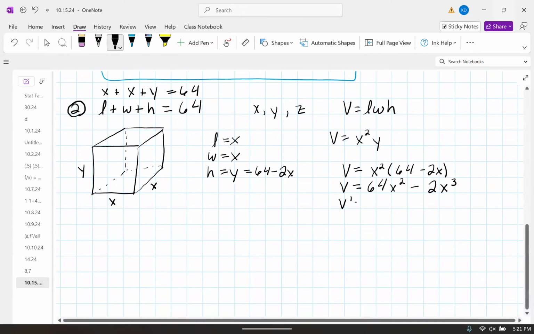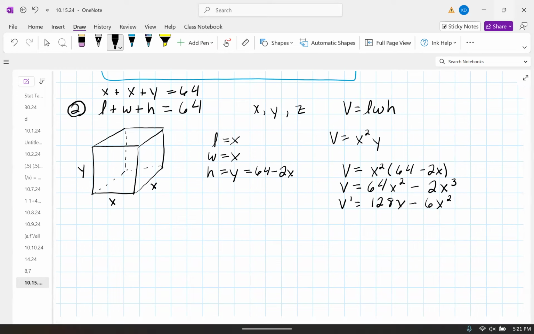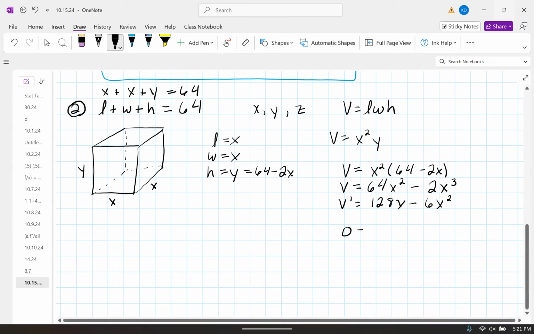V prime. I get 128x minus 6x squared. Set it equal to 0. Interesting things are going to happen on this. That is not divisible by 6.